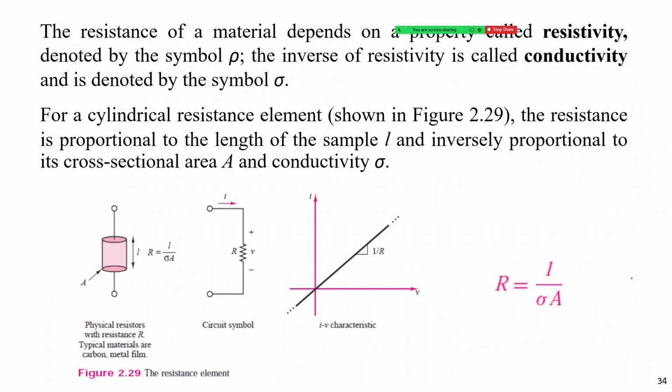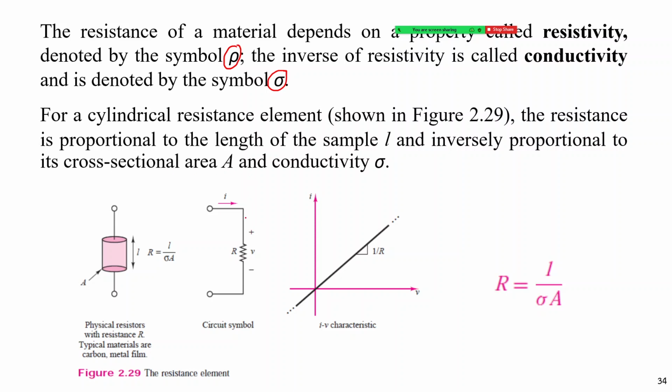Okay. And the resistance of the material depends on its resistivity, or rho, the symbol rho. The inverse of resistivity we call conductivity, with the symbol sigma. And for a cylindrical resistive element, the resistance is proportional to the length and inversely to the cross-section area.